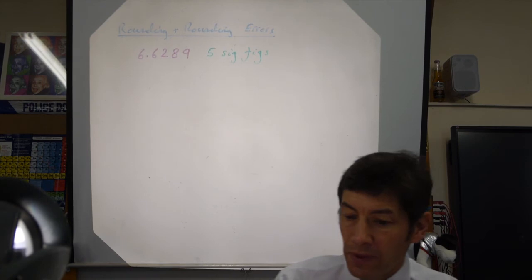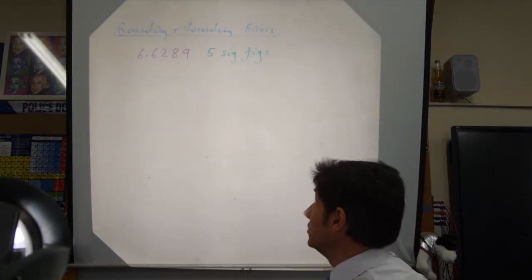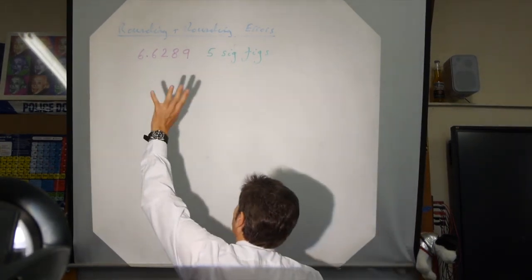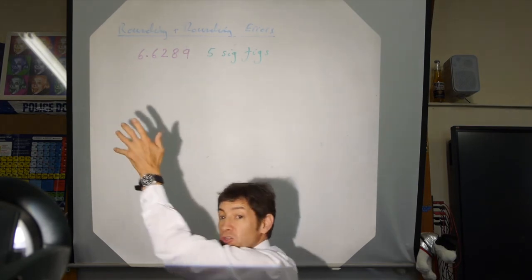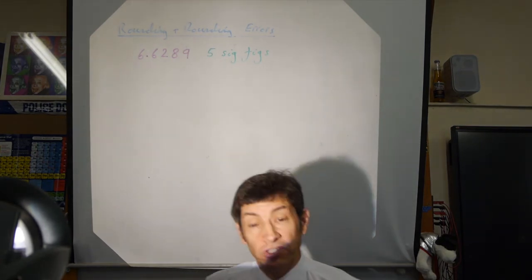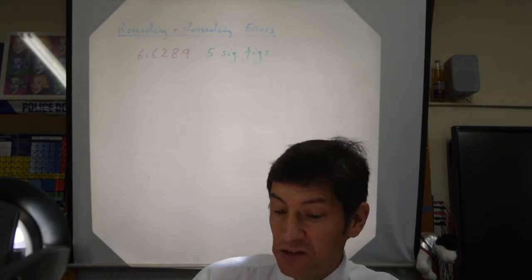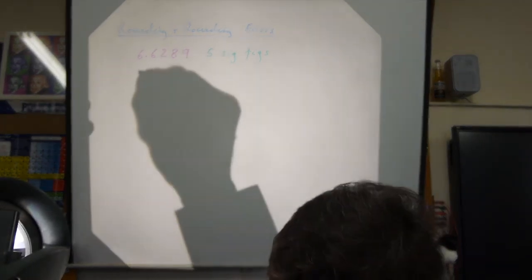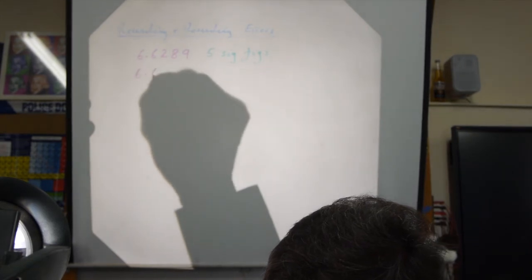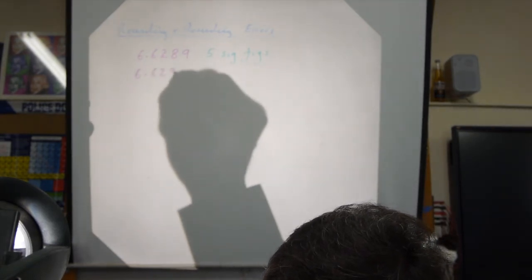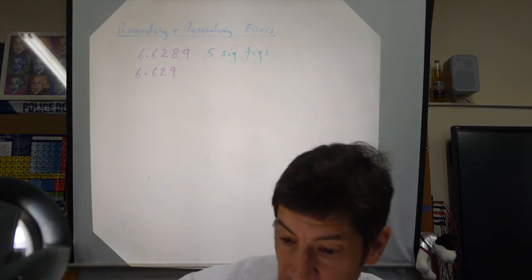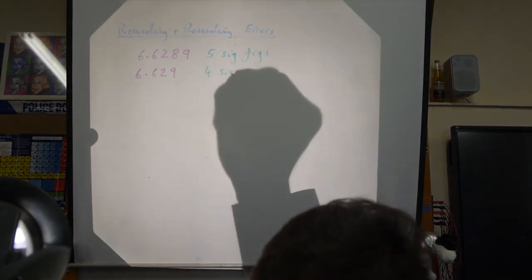But what would you do if the worst of the numbers you worked with was only to 4 significant figures? This is where you do your rounding, and I think this is going to become obvious. 6.629 is to 4 significant figures.